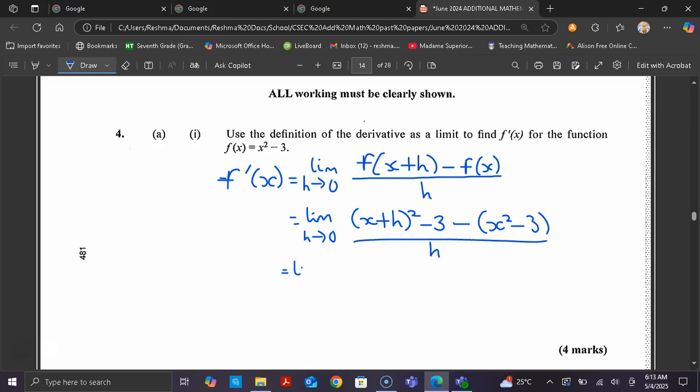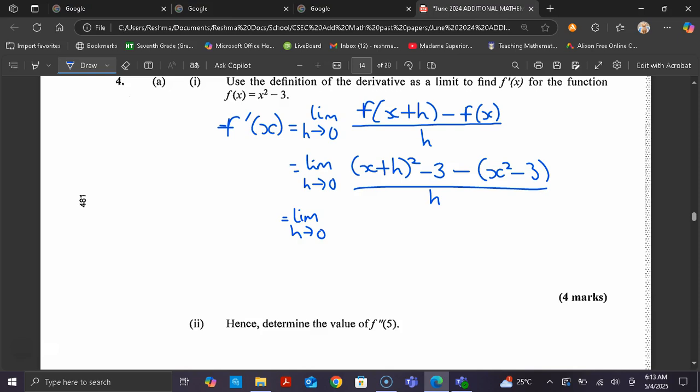So let's simplify the numerator. For (x+h) squared, I'm going to use the identity (a+b) squared, so that will be x squared plus 2xh plus h squared. And expanding the second pair of brackets, we have minus x squared, and minus by minus will give plus 3.